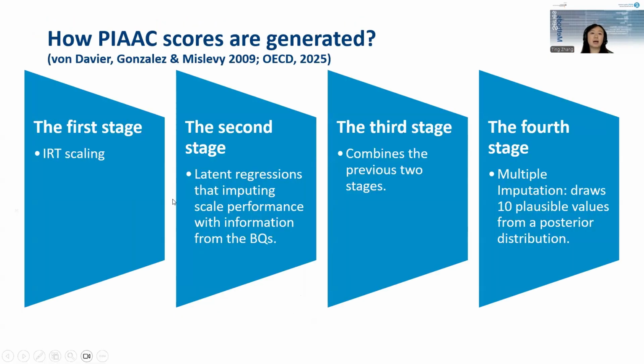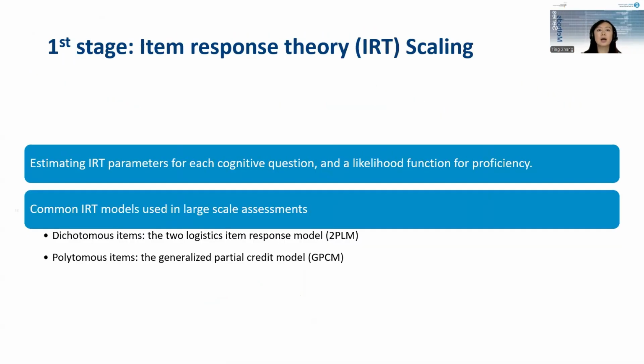All right, let's talk about how PIAAC scores are generated. It takes 4 stages. I'm going to dive into each stage in the next few slides so you understand how it works. At the first stage, item response theory models are fit to the respondents' item responses.